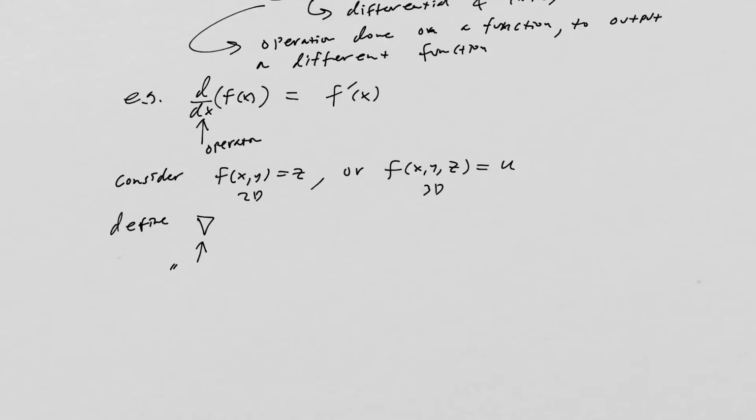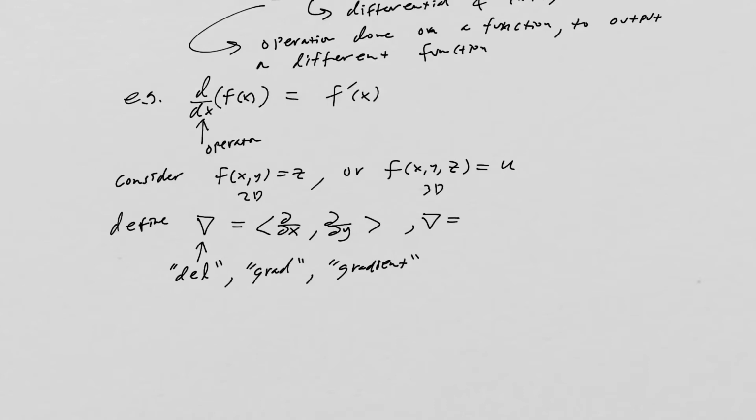It's given a couple of names. It's called del, or grad, or gradient. And it's equal to a vector of partial derivatives. This is the 2D case, and the 3D case is similarly defined.